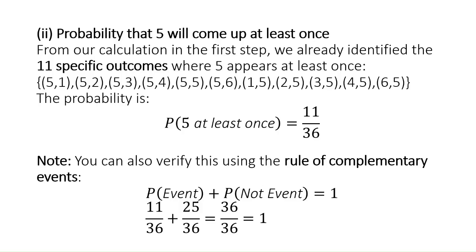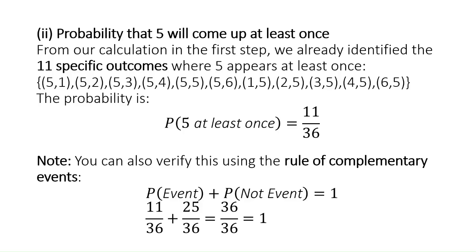We can also verify this using the rule of complementary events: P(event) plus P(not event) equals 1. Here, P(event), where we see 5 at least once, is 11 by 36, and where we never get 5 is 25 by 36.